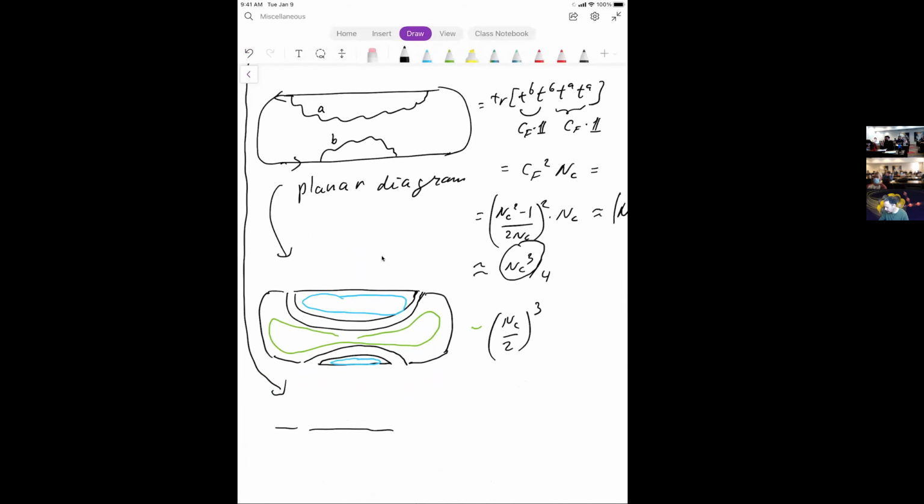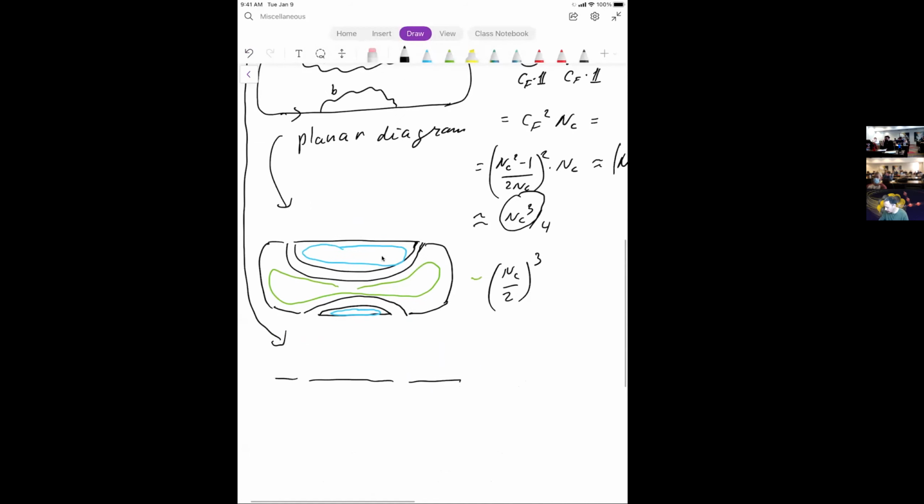Okay, so we have something like this, and then something like that. The first gluon was going down like this. The second gluon went up like that, and they hopped over each other, right? It's not a planar diagram, so we have to introduce some sort of a jumping over.